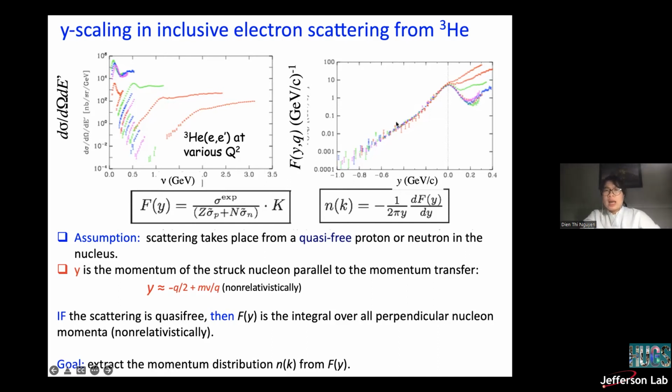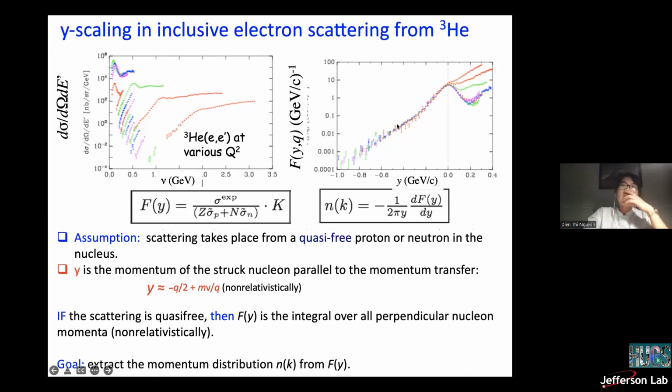You can see that all this messy data is collapsing into one nice curve here. Even this messy data, when you convert it to the F of y function, behaves very similarly together. That is why you say that now I'm seeing some scaling behavior. Everything collapses into one universal behavior right here.